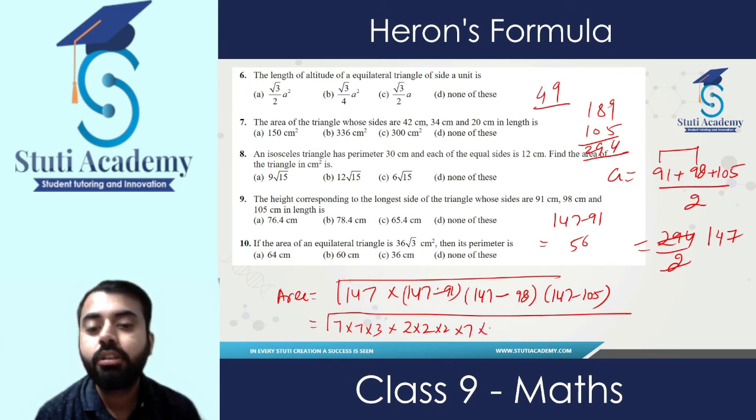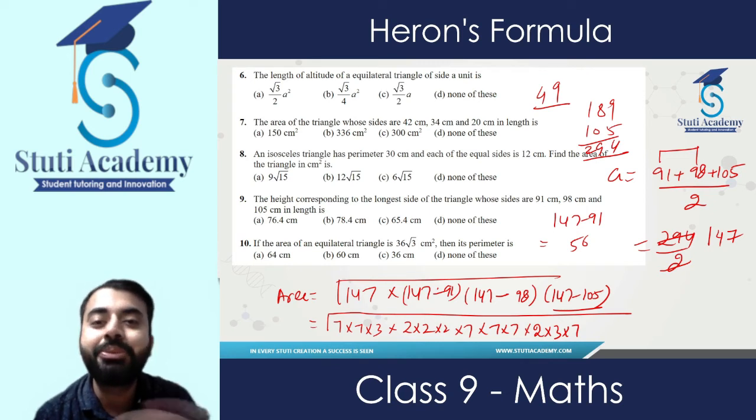So that means 7 into 7 more. 147 minus 105, you will be getting 42. So 42 can be written like this: 2 into 3 into 7, because 6 sevens are 42.